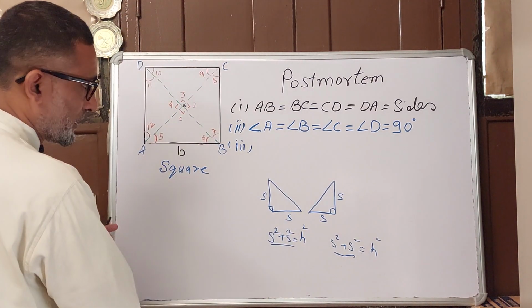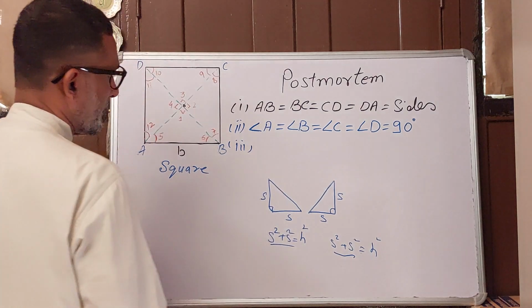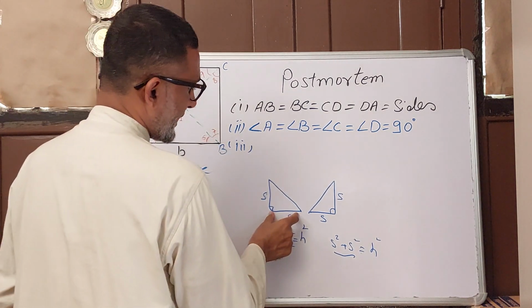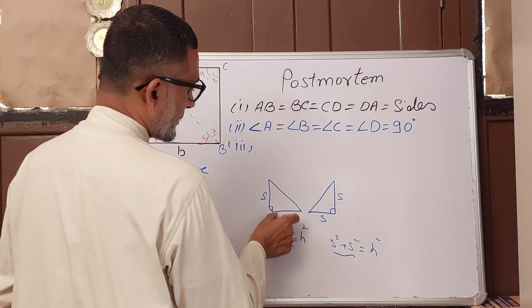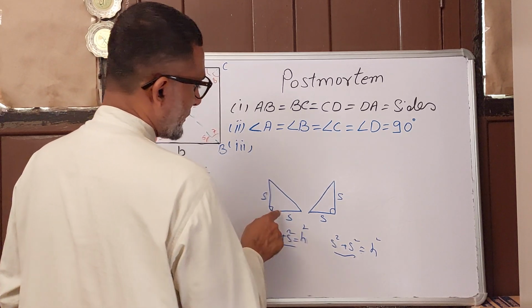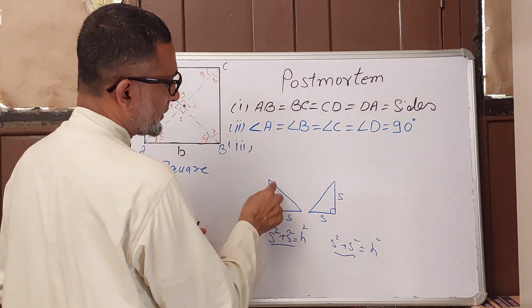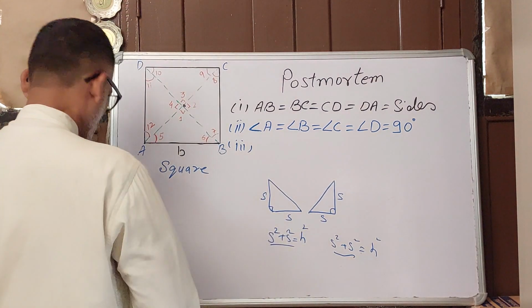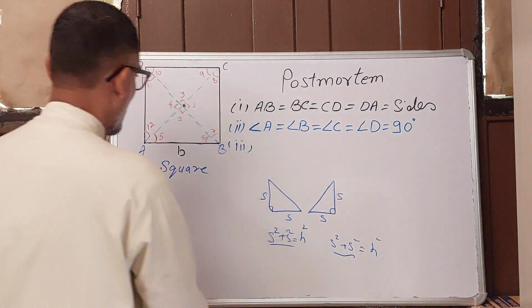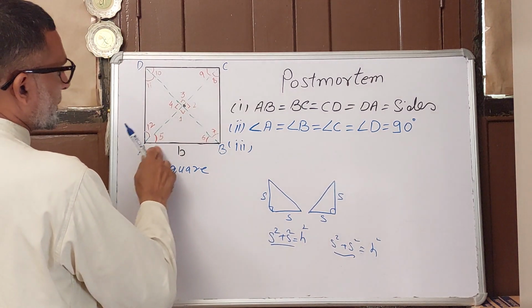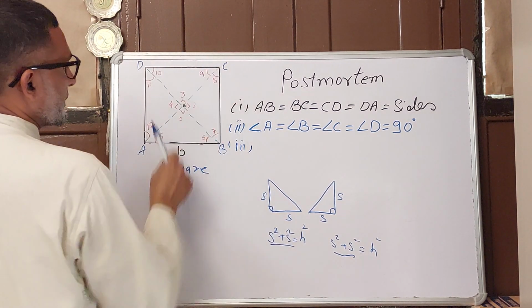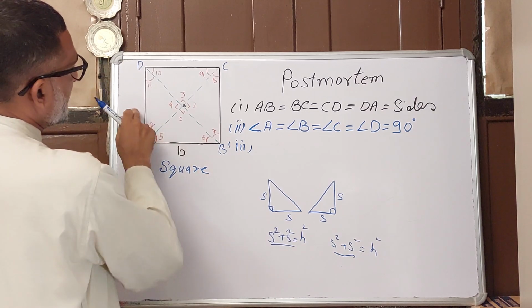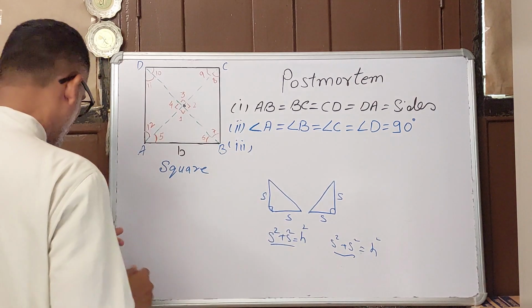But generally, just by the naked eye without much knowledge, you can find that when these sides are equal, this line will always be equal in different triangles. Here this and this side are equal, so line AC is equal, and because here also this side is equal, line BD is also the same.